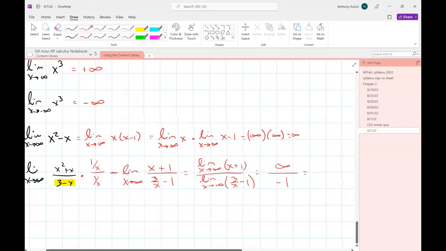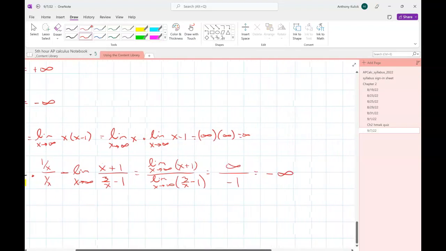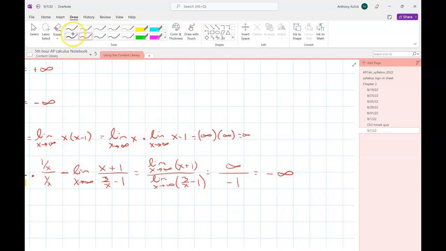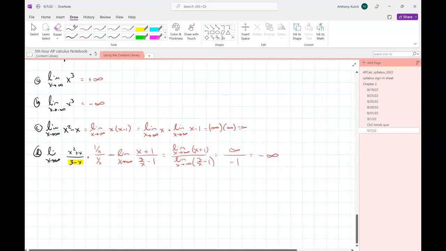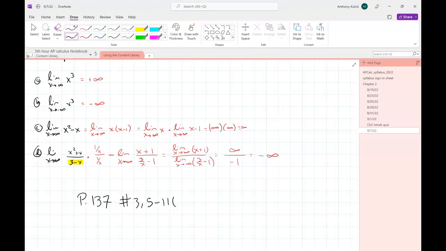So this should come down to -infinity. So all of that was just so I could figure out the sign of whether that was going to -infinity or +infinity. Because as you guys pointed out to me, you knew that it was going to be one or the other.